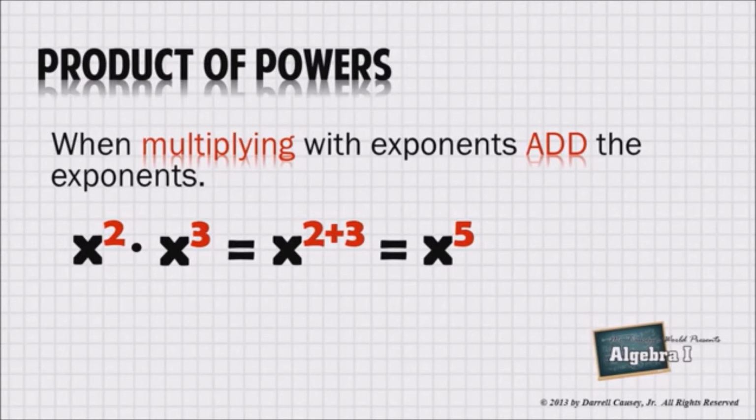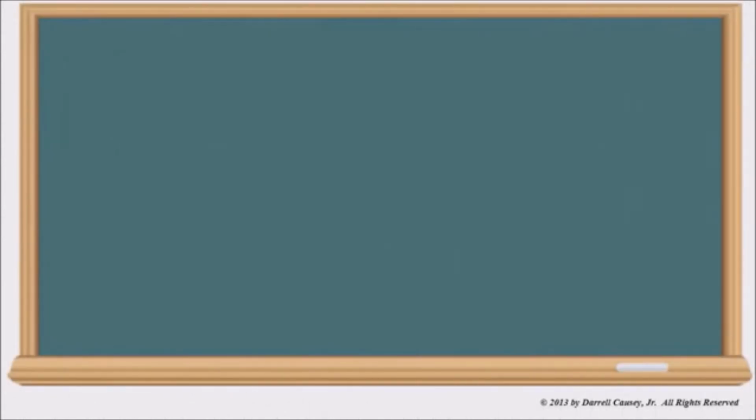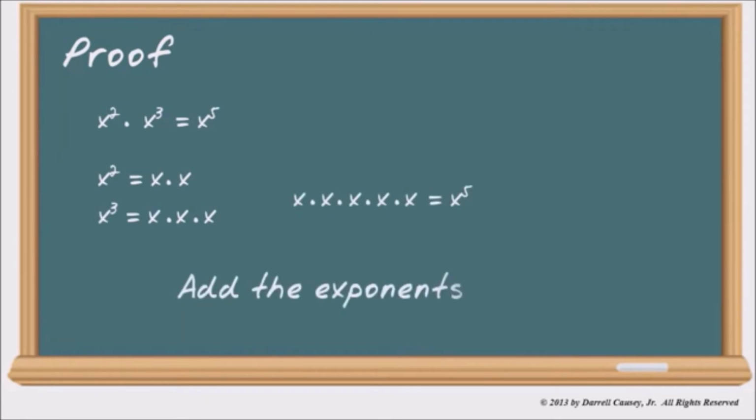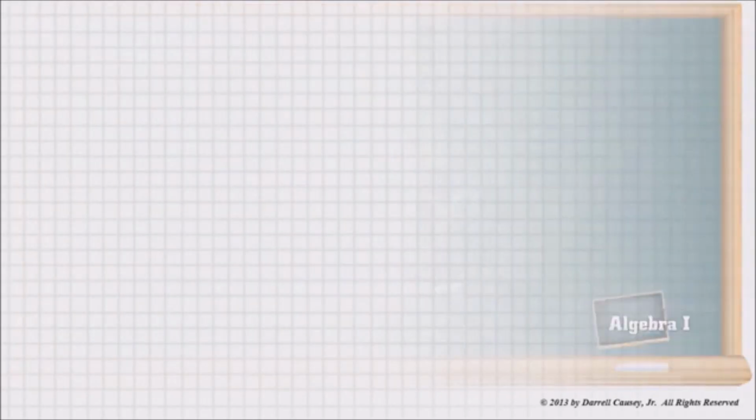To justify this answer, we have here a proof. x to the second power times x to the third power is equal to x to the fifth power. If you expand the two factors, we have that one, and then since we are just going to add the exponents, it would be x to the fifth power.